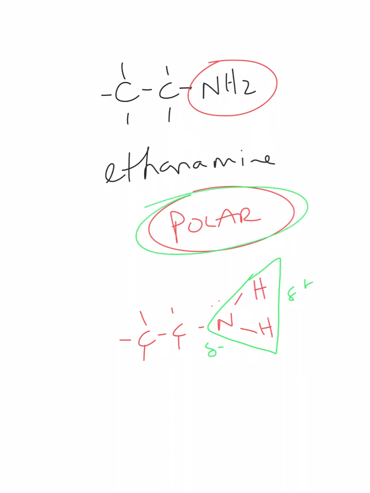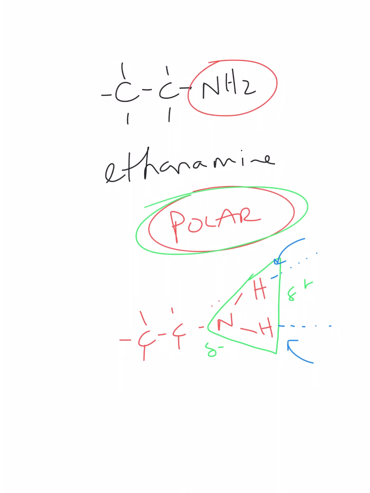The other interesting thing with amines is that they have hydrogen bonding capability. If you recall what you learned about intermolecular forces, you could possibly make hydrogen bonds at these 2 hydrogen positions because they are hydrogens covalently bonded to a nitrogen.